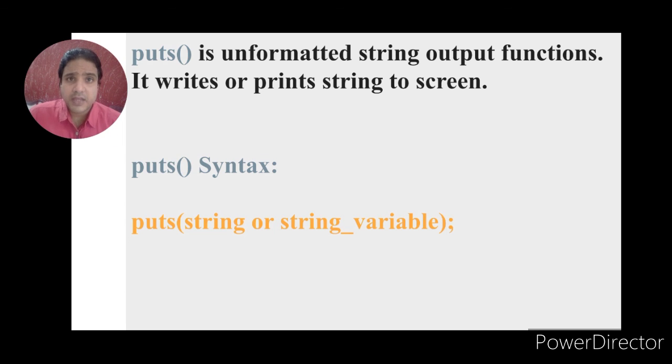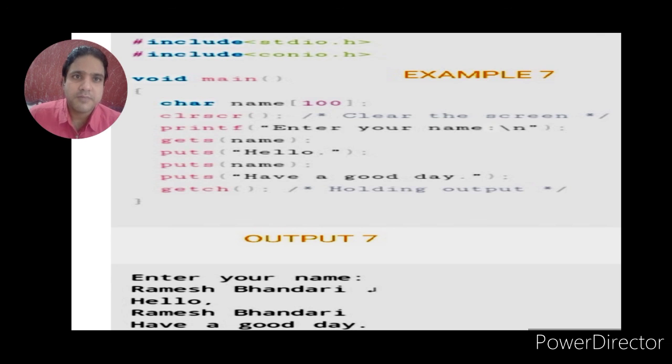The counterpart of gets is puts, like printf. If we want to break the line, we write \n. With puts, the line automatically breaks and it starts a new line after execution. puts is an unformatted string function. It is used to print a string or any word, like this is the example.